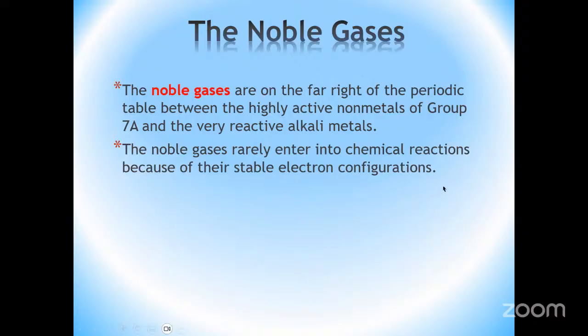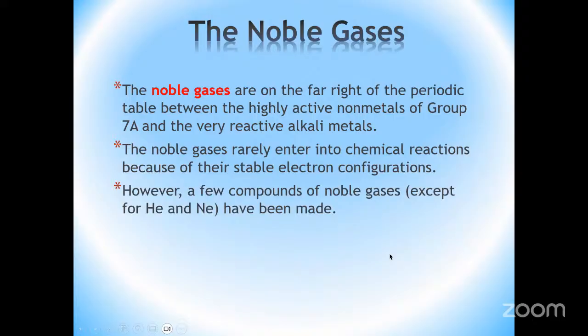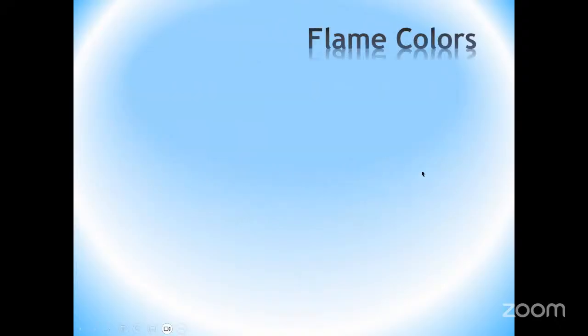And last I checked, nobody has been able to make compounds with helium and neon, right? Nobody has been able to successfully react those 2 elements with anything else, all right? And that's pretty much all I'm going to say about group 8 elements. Nothing too interesting about them in terms of reactivity.